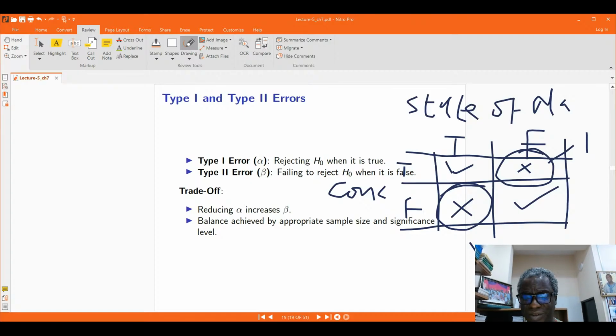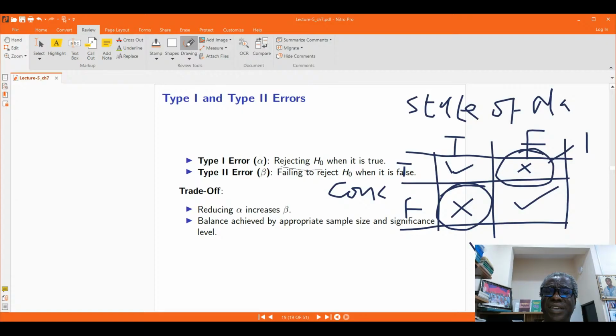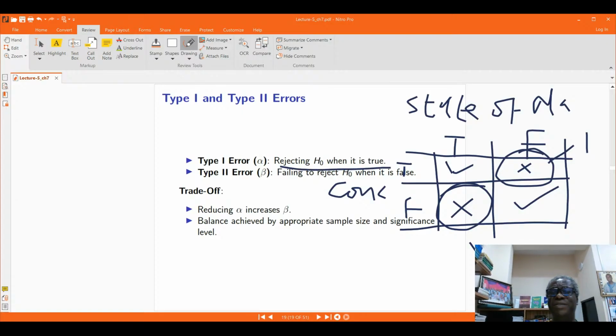Type 2 error is a false negative. By definition, type 1 error is the error of rejecting the null hypothesis when it is true. Type 2 error is the error of failing to reject the null hypothesis when it is false.